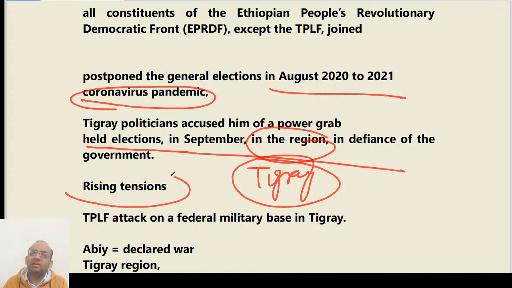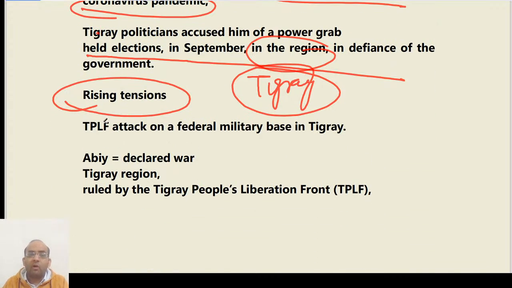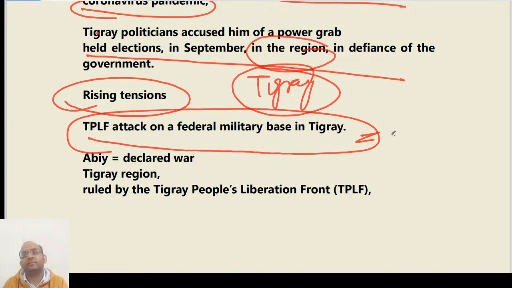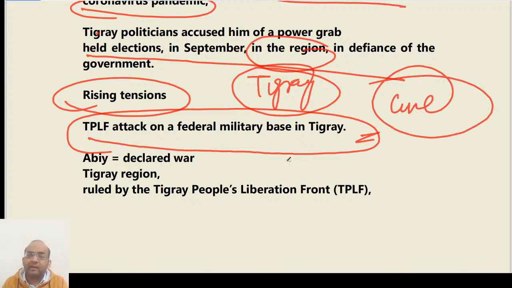This led to rising tension between TPLF and the government. And now TPLF has attacked a federal military base in Tigray. Now there is a possibility of civil war between the central government and the TPLF government, because TPLF is a former militia. They knew how to fight. They do know how to resort to violence.